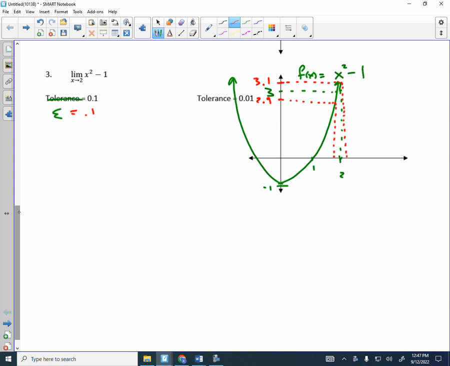So 2.9 and 3.1. So I want to find an x value that corresponds. Who could tell me the equation I set up to find the x value that corresponds? Okay, x squared minus 1 is equal to 2.9. And x squared minus 1 is equal to 3.1.